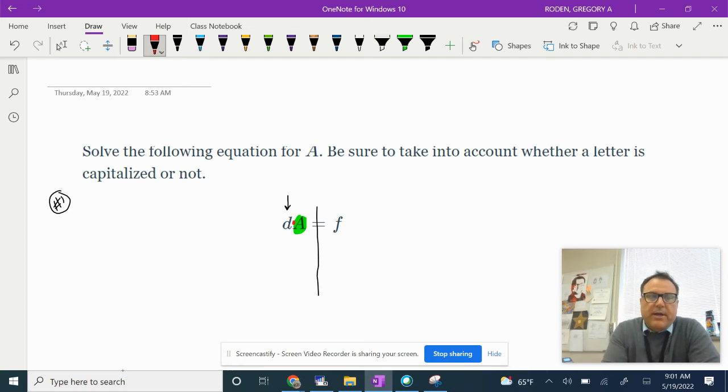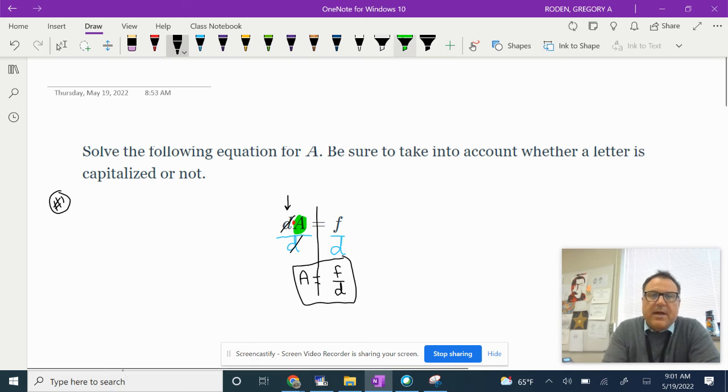So how do we get rid of a multiplication of D? Well, we're just going to divide. We do the inverse operation of D. So we're going to divide by D. So D will cancel D here. Those cancel out to 1. And so capital A is going to equal F over D. And you're done. That's the answer.